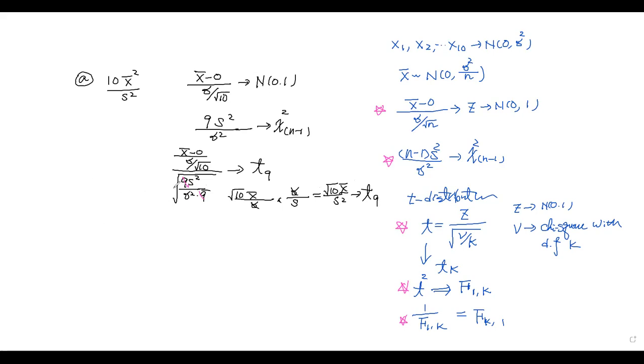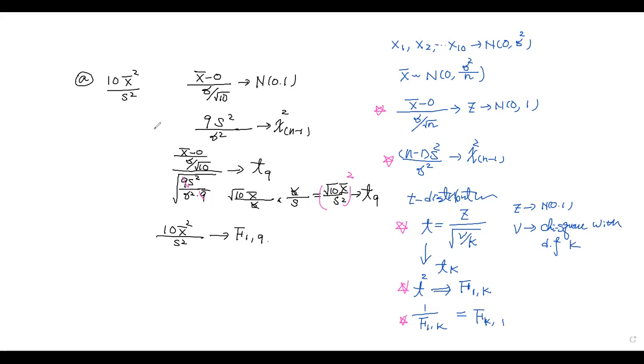So now they want 10 x bar squared over S squared. If I square this, what we just talked about is that if you square the t, it will be the F distribution with 1 and 9 degrees of freedom.